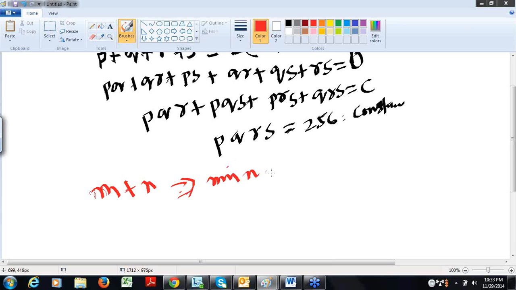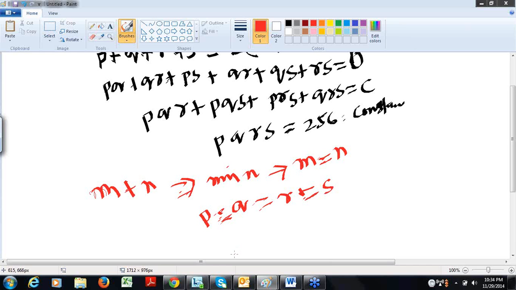Minimum when m is equal to n. So A is equal to P plus Q plus R plus S. So it will be minimum when P is equal to Q is equal to R is equal to S.